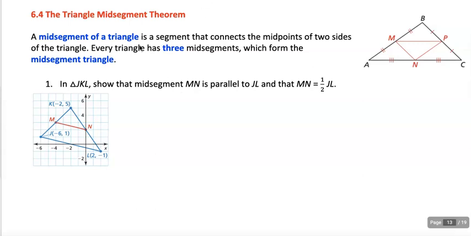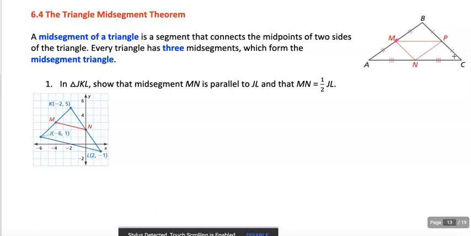It says the midsegment of a triangle is the segment that contains the midpoints of two sides of a triangle. If you're looking at this diagram, the midsegment of sides A and B would be point M, which is your middle.